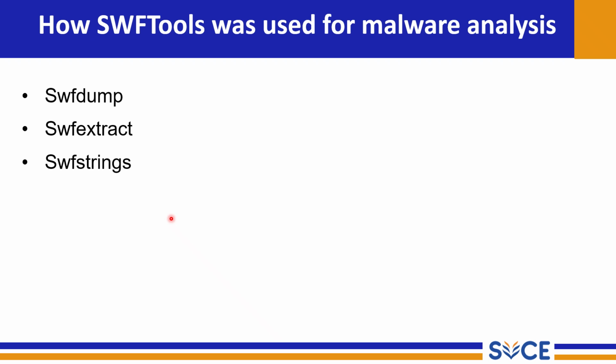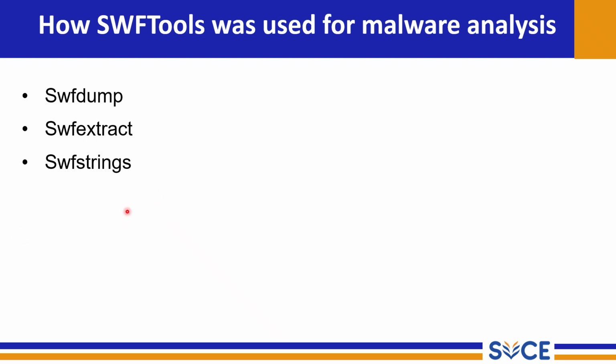And next, unpacking malicious files. Some Flash malware was packed or obfuscated to hide its true purpose. SWF extract was a critical first step in unpacking the SWF to get to the core, unobfuscated code or embedded files. And next, SWF strings.